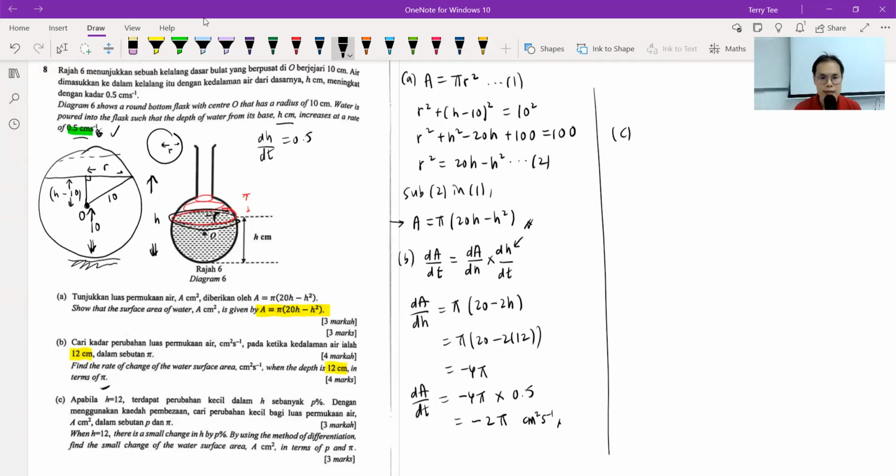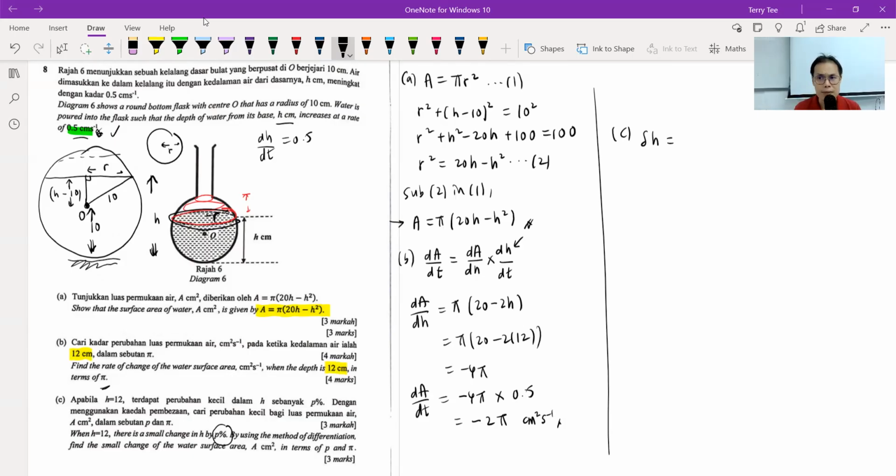Next one, C. When h is 12, there's a small change in h by p%. Using the method of differentiation, find the small change in the water surface area in terms of p and pi. Delta x is a small change in x. In this case it's delta h, a small change in the height. Your height actually changed by p%.